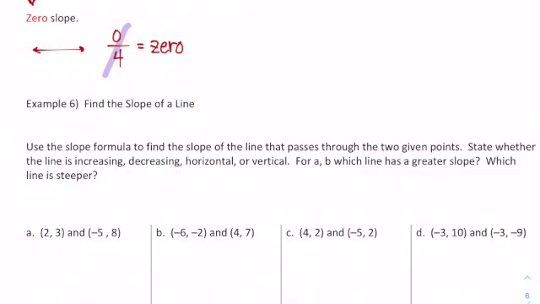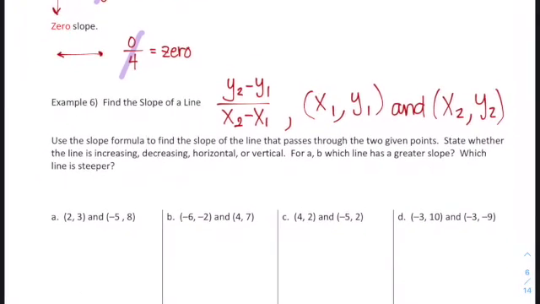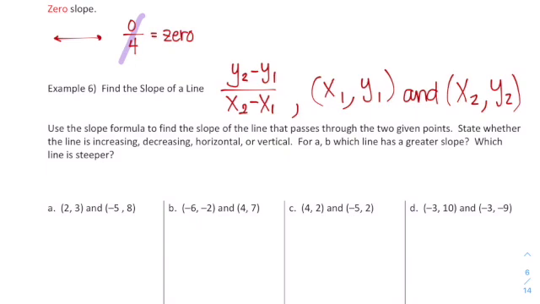So, jogging your memory, I will want you to find the slope of the line. Here's the equation: y2 minus y1 over x2 minus x1, and you'll have the ordered pairs (x1, y1) and (x2, y2). Using the slope formula, find the slope of the line passing through two given points. State whether the line is increasing, decreasing, horizontal, or vertical.